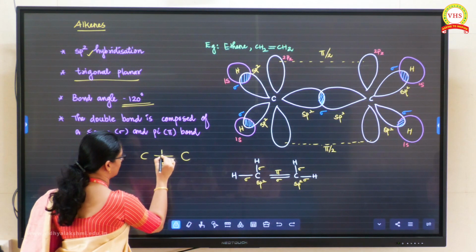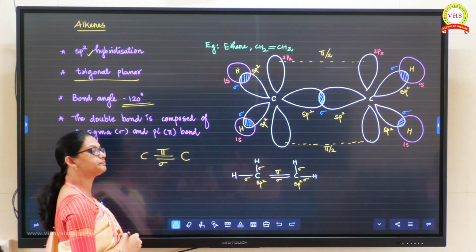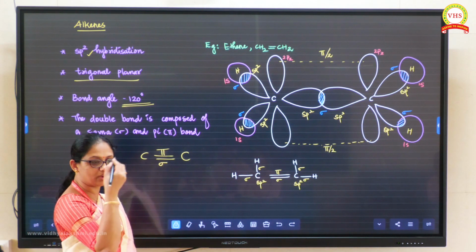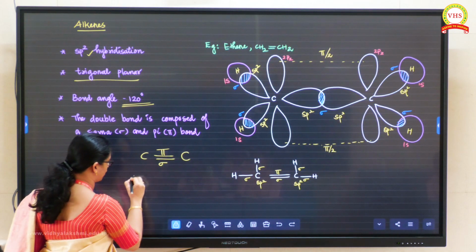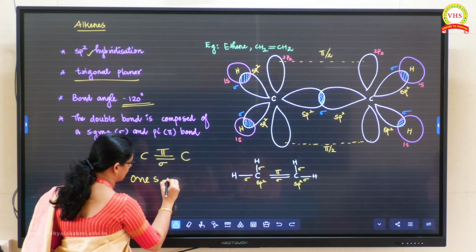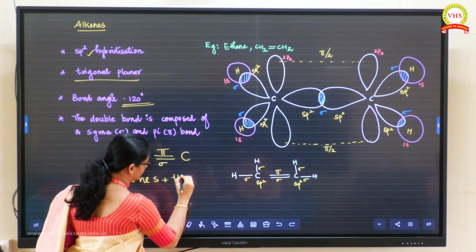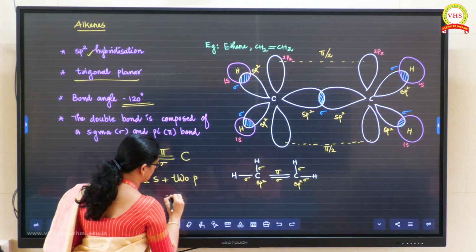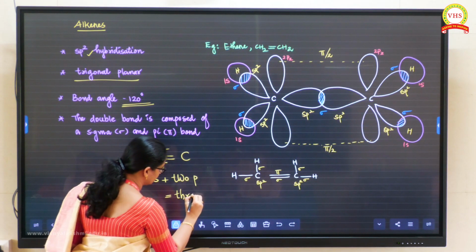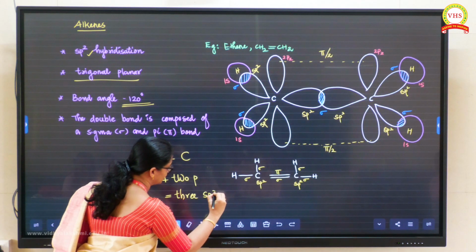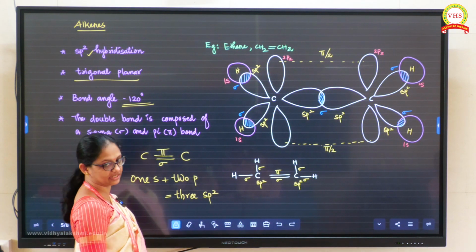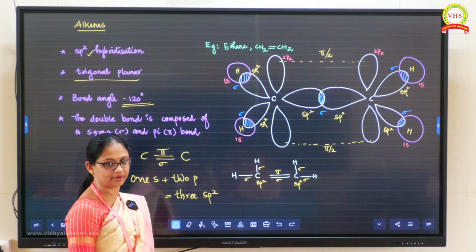One bond is sigma and another bond is pi bond. How is sp2 hybridization forming? One s orbital hybridized with two p orbitals to form three sp2 hybrid orbitals.